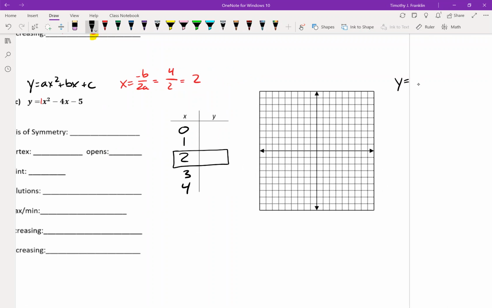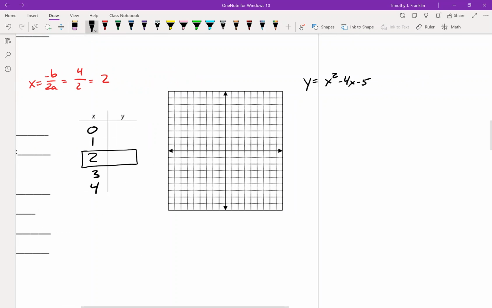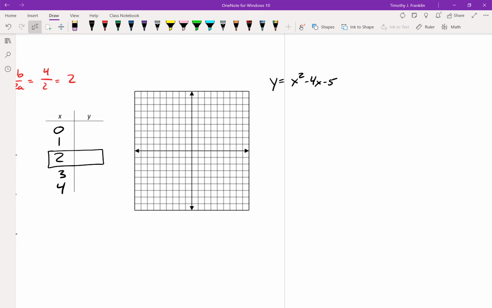So our equation is y equals x squared minus 4x minus 5. It's going to be a little more work here, but that's okay. So first we put in 0. 0 squared minus 4 times 0 minus 5. Well, 0 squared is 0. 4 times 0 is 0 minus 5.